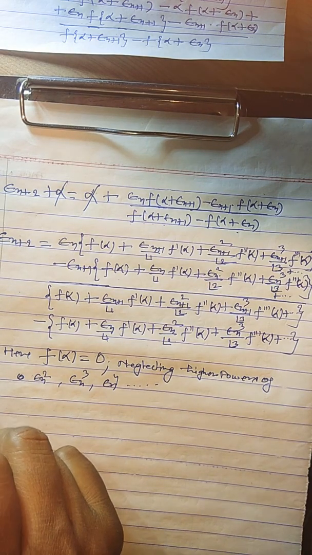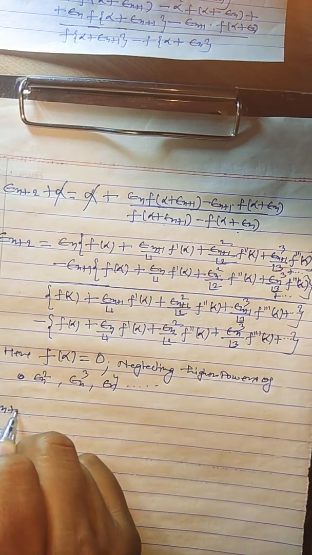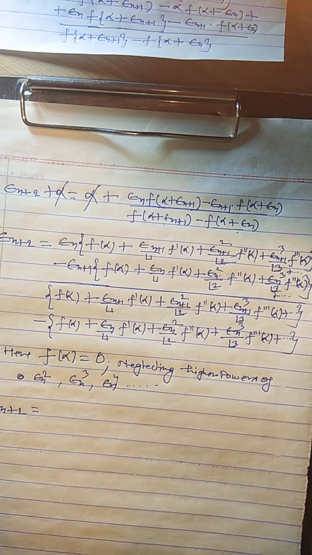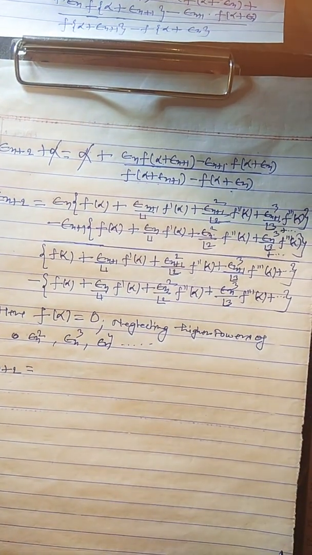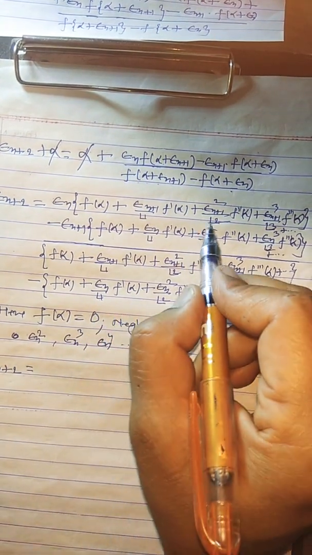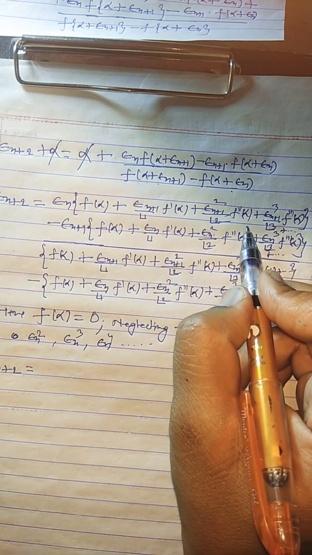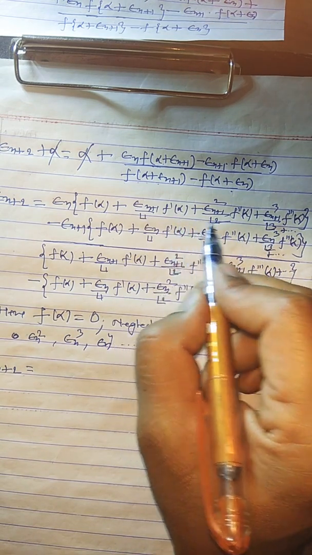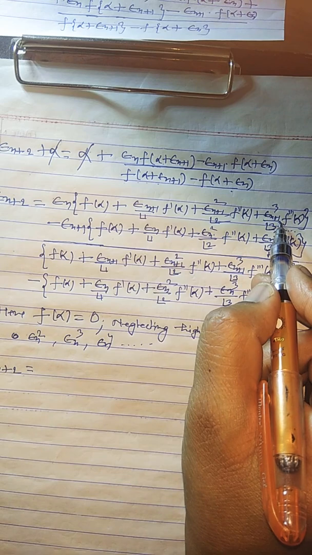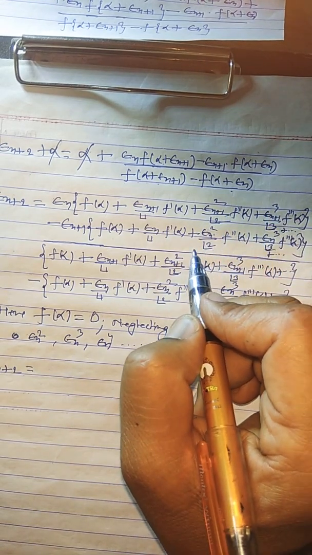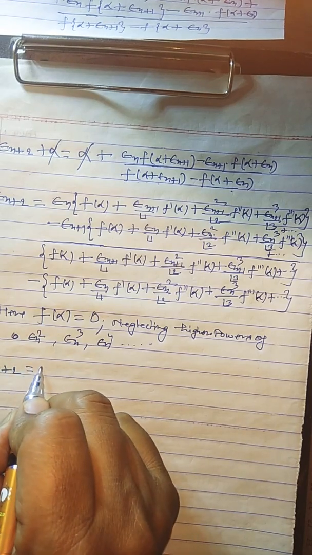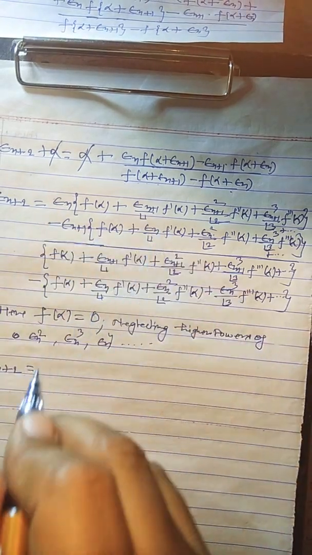Okay, now epsilon n plus 2, now all these terms will be 0. See here, all these terms will be 0, and here that is multiplied by this.